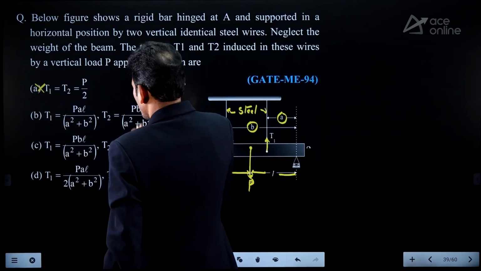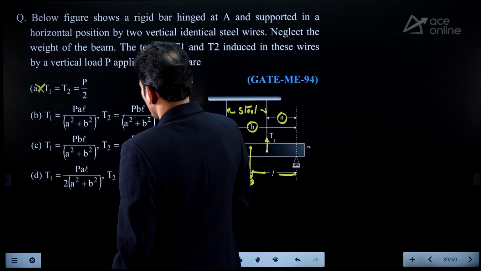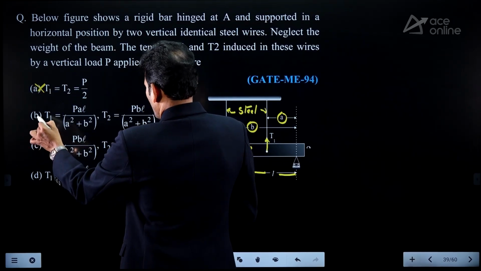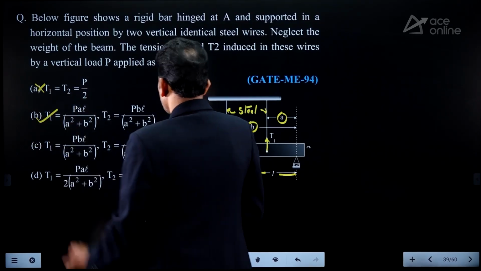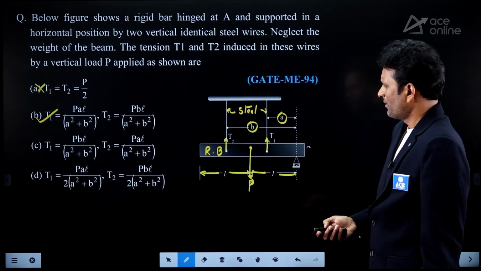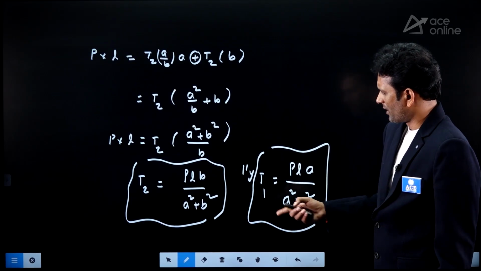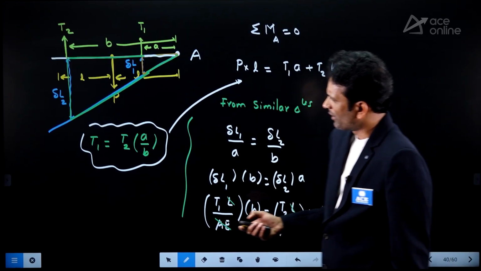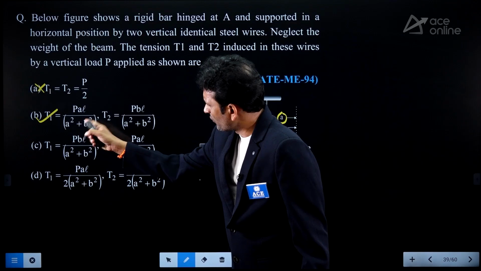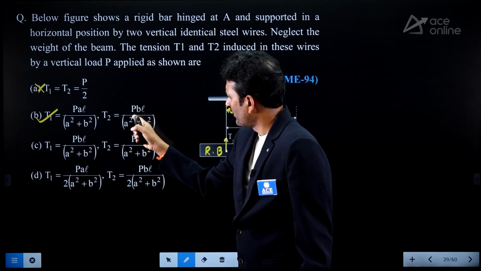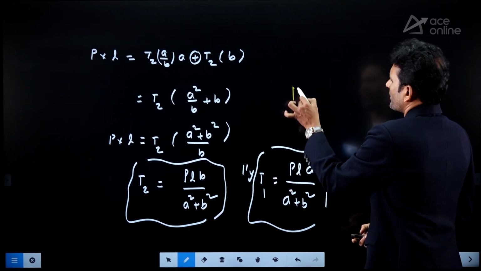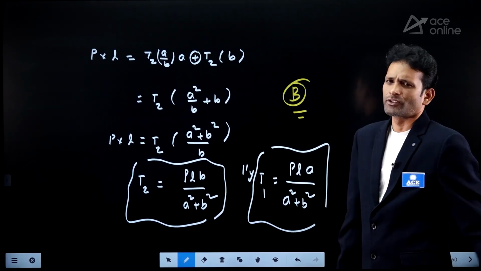T1 is PAL divided by A square plus B square, and T2 is PLB divided by A square plus B square. So which option is correct? Option B is correct for this question.